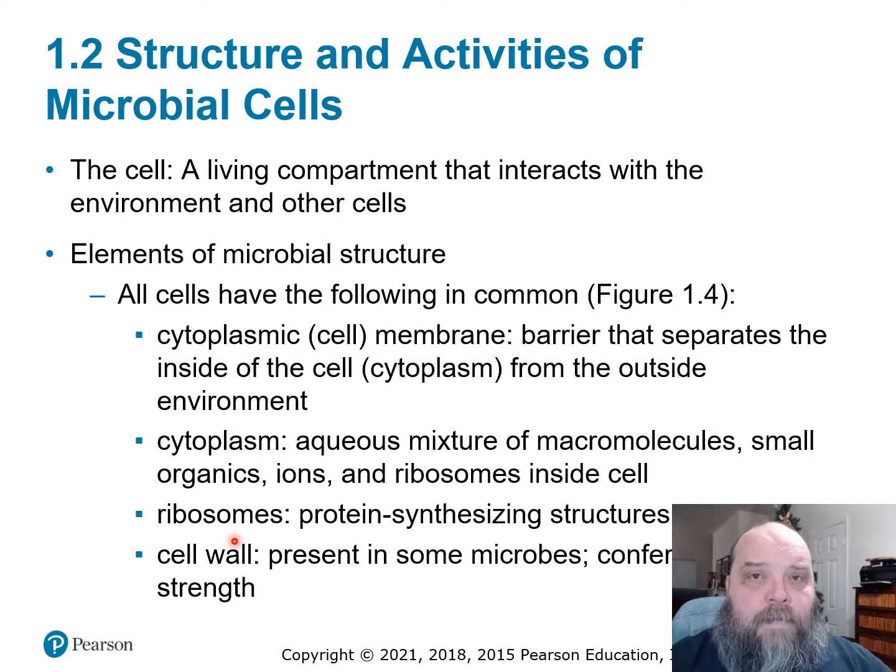So they need some form of a wall, a nice hard structure to maintain the shape. Now, we animals do not have this. All of our cells are squishy, but we see this in other eukaryotes: plants, fungi, protists. Yes, they can and will have cell walls to help maintain shape.